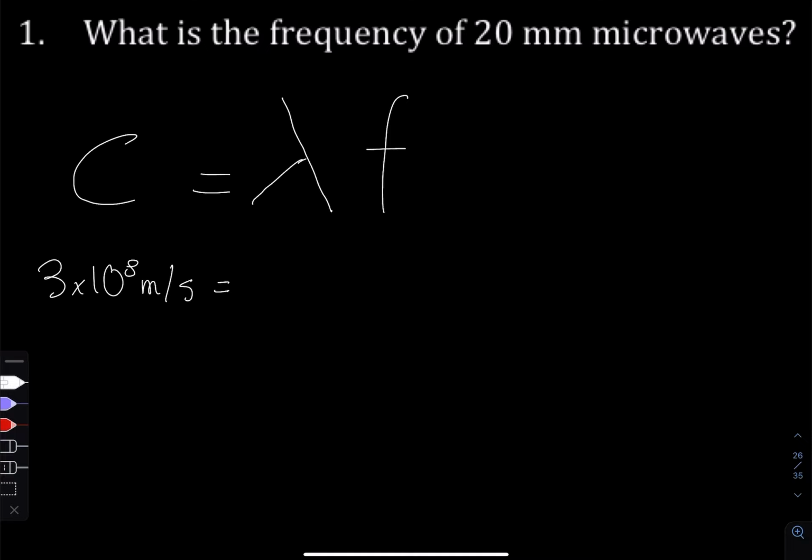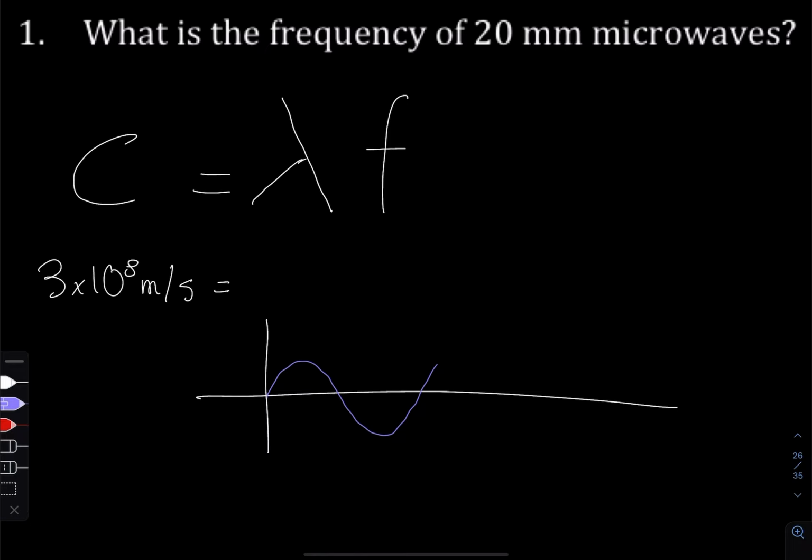Okay, so the wavelength of the wave is the length of a single cycle. How much does it travel in space as it goes through one cycle? That's wavelength.